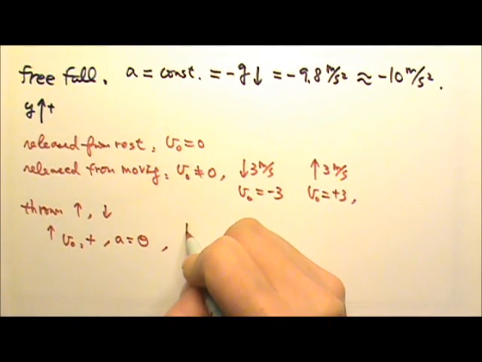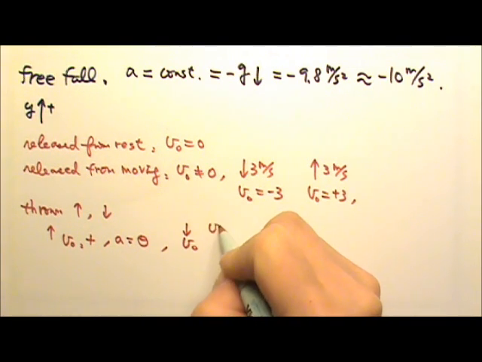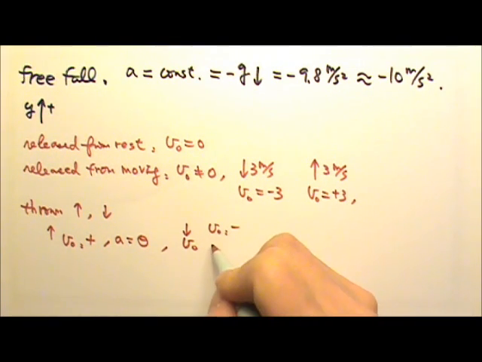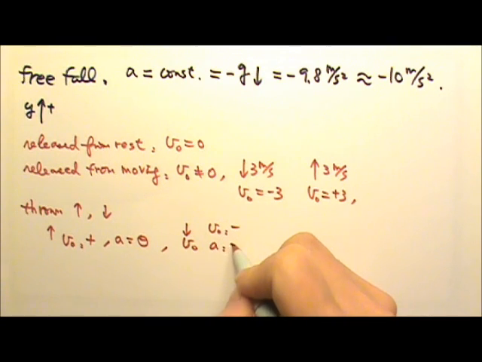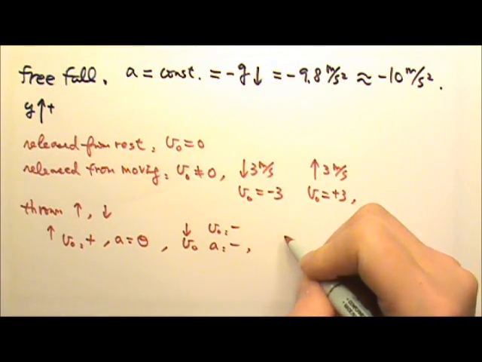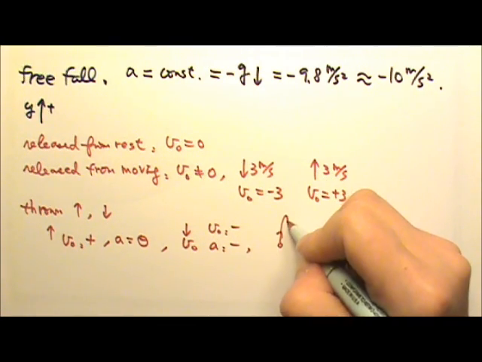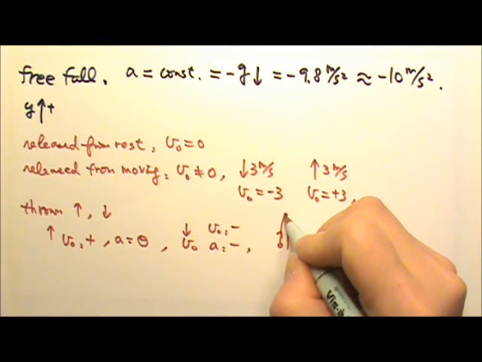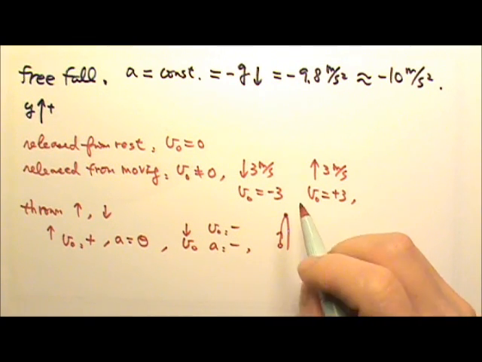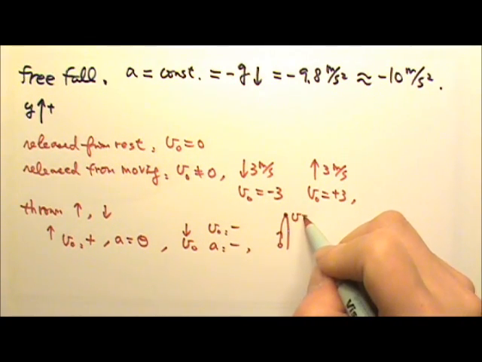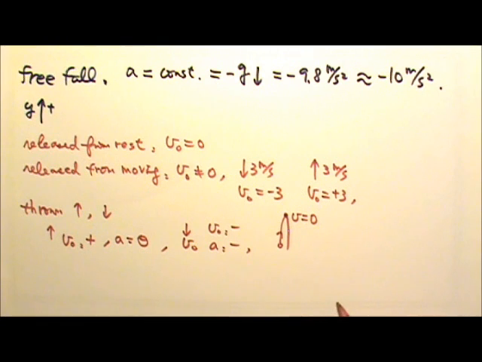If an object starts out getting thrown downward, then the initial velocity would be negative. Acceleration is also negative. Of course, if we throw something upward, it can go up and then come back down. And what's special about the velocity at that maximum height? The velocity is 0 at the maximum height because that's a turning point.